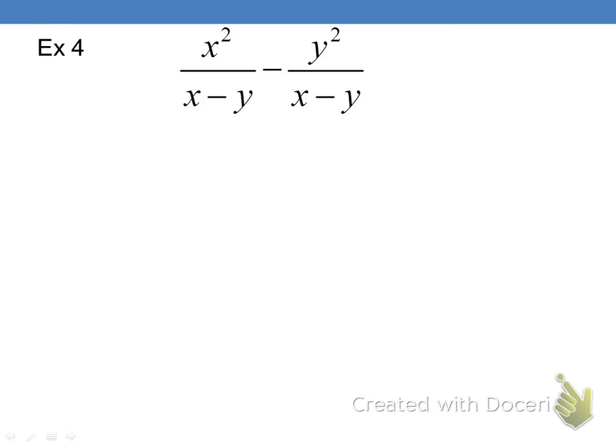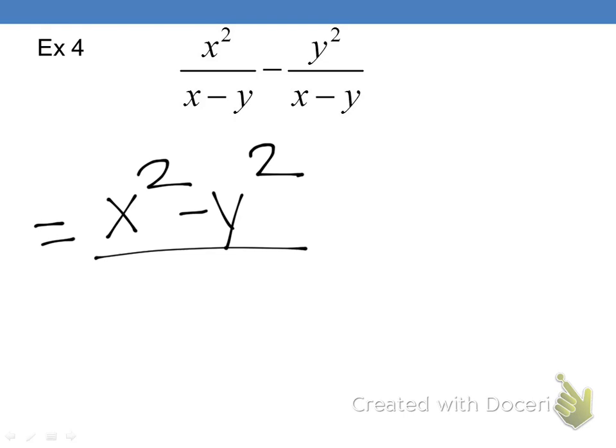Here's number 4. All right, do I have common denominators? Yep, so I can go ahead and combine these. So my first numerator minus my second numerator all over the common denominator. Yeah, now that's a difference of squares.